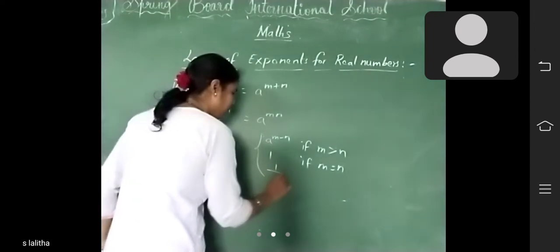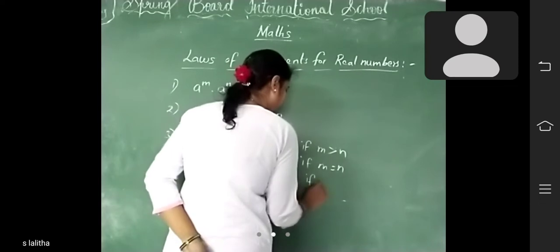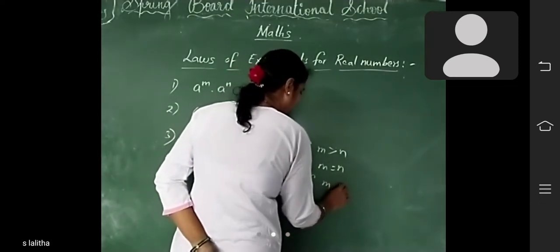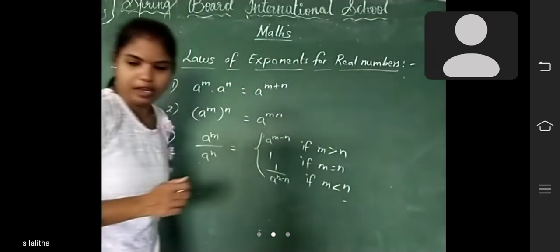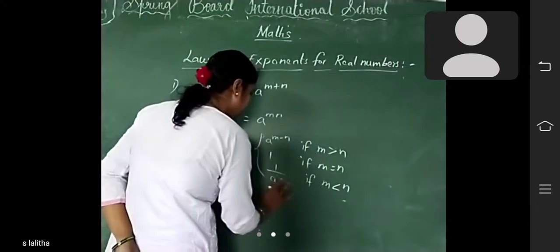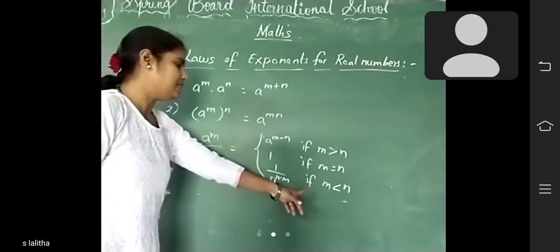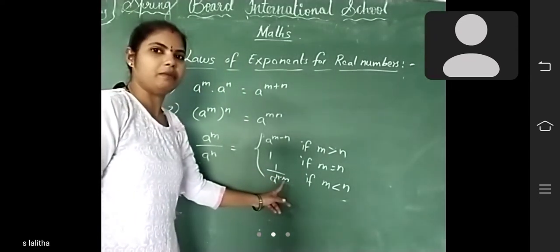Next one, 1 by a power n minus m if m is less than n.